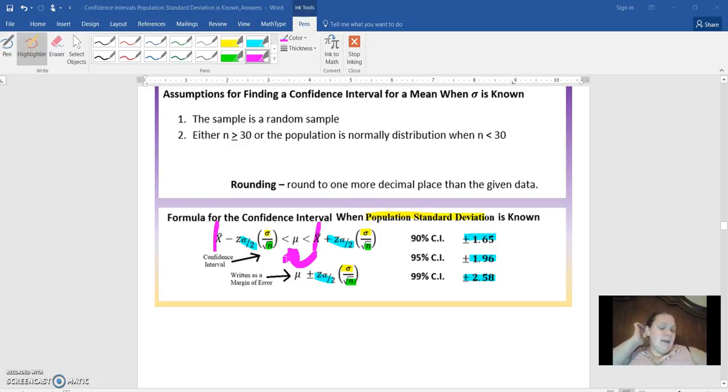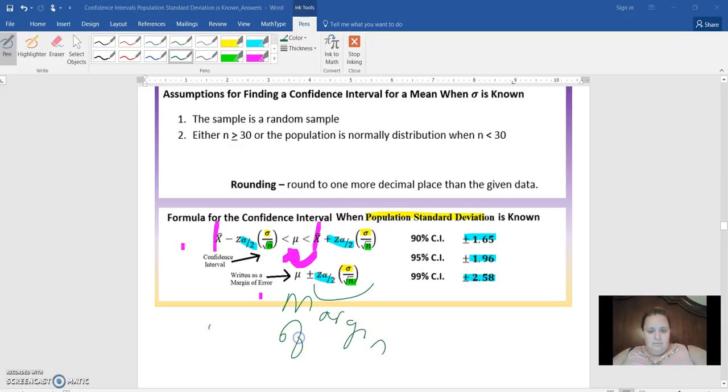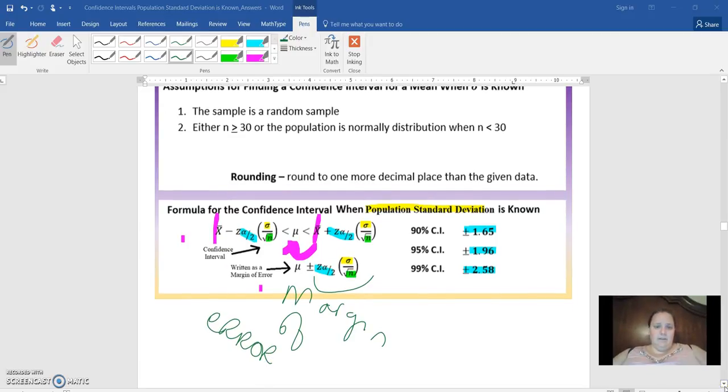Sometimes I'm going to ask for a confidence interval, and sometimes I'm going to ask you to write it as a margin of error. Don't forget that this piece is called the margin of error, so maybe you just need to find that piece of it.